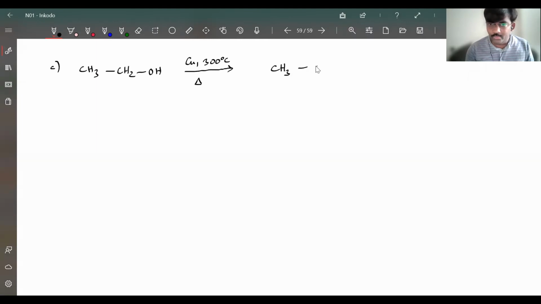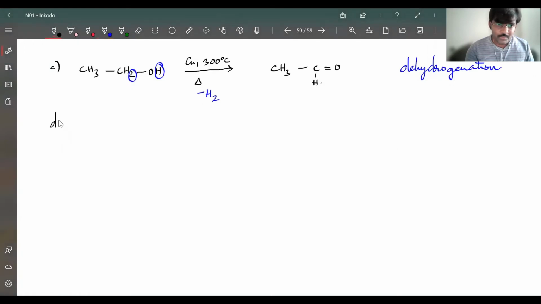It will become C=O and only one hydrogen will be left. That means one hydrogen is lost from the carbon and one hydrogen from the OH. So overall, minus H2. This is dehydrogenation. Hydrogen you removed, no? So you call it a dehydrogenation reaction because I removed hydrogen from it.